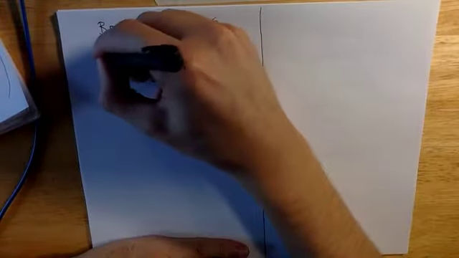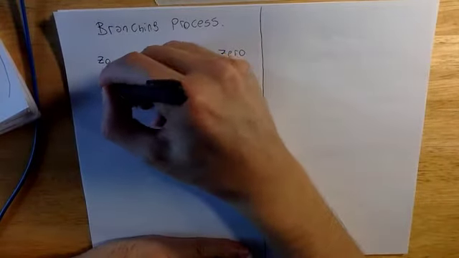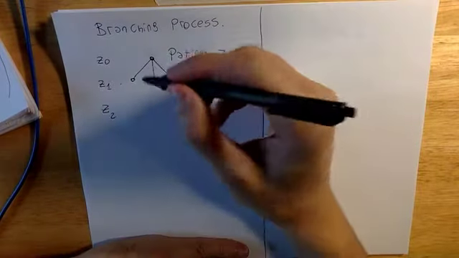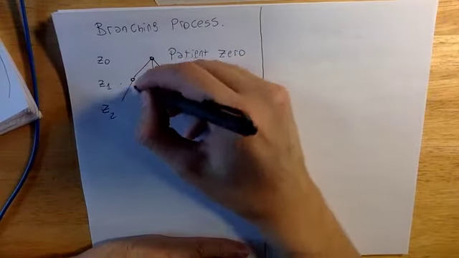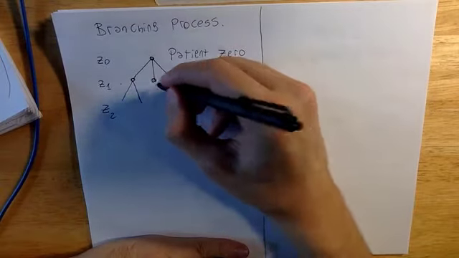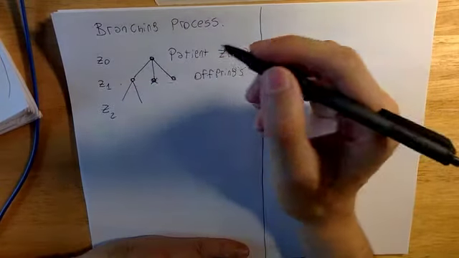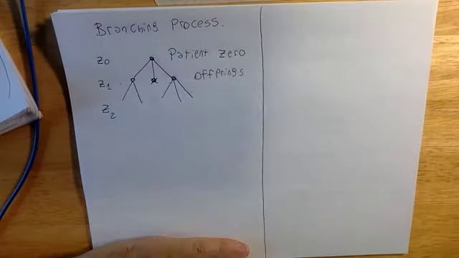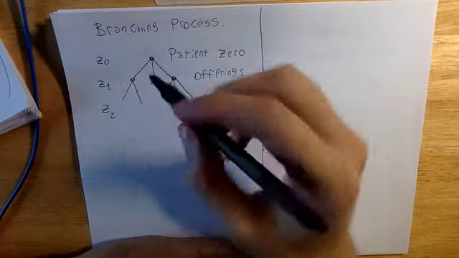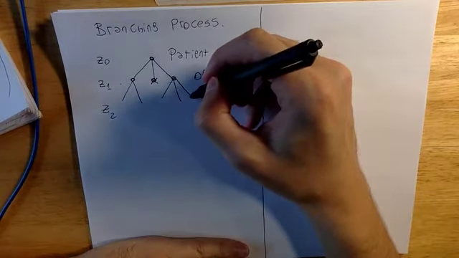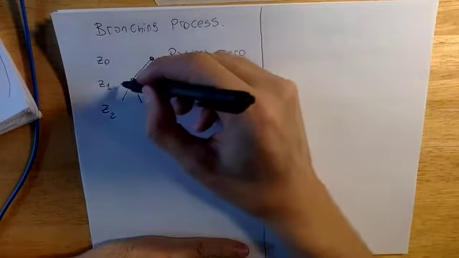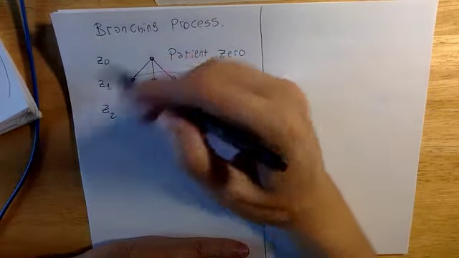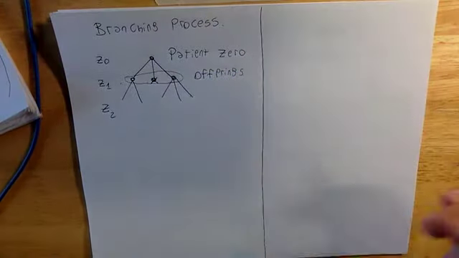This is Z0, the sum of all of these guys is Z1. Then Z2 is a branching process again. This guy can branch into 2 guys. This guy could have died and not given it to anybody, and this guy could have branched into 3 people. The people in the stage above are not counted anymore because they have either died or gotten cured.